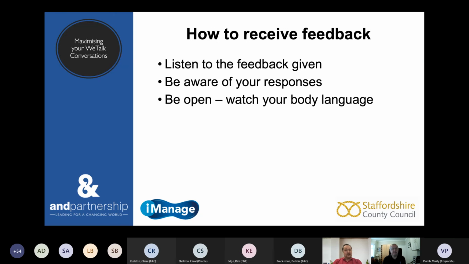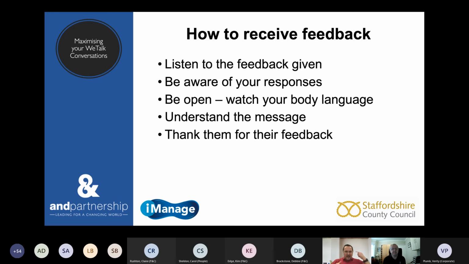Be aware of your body language, your tone of voice when you're giving responses. Try and be open and positive and really understand that message. You might want to ask questions to develop it because you really want to understand it. And then, take the time to thank them for the feedback as well.